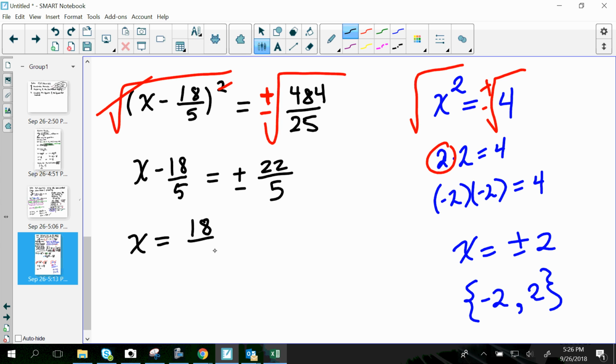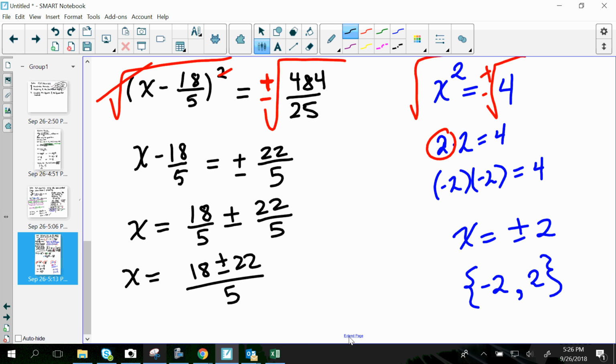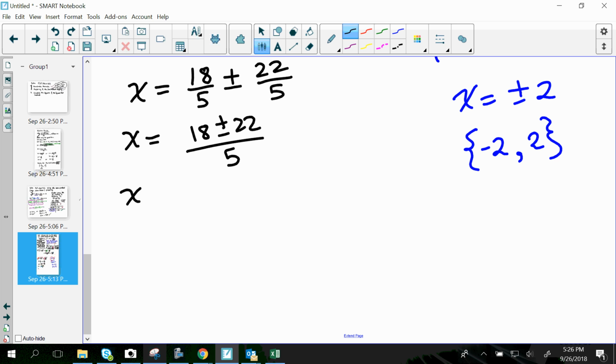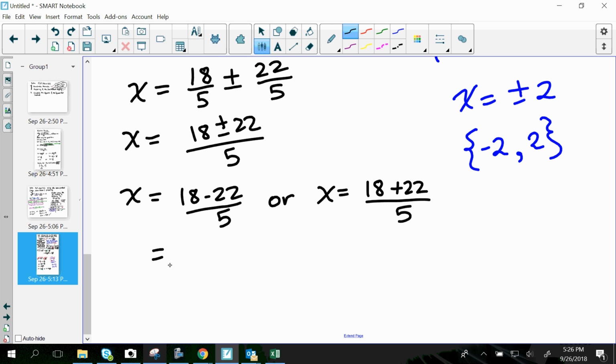So we have 18 over 5 plus or minus 22 over 5, so that we get 18 plus or minus 22 over 5, which is what we had in the previous method. 18 minus 22 over 5, or x equals 18 plus 22 over 5, so that we get negative 4 over 5, or 40 over 5, which is 8.